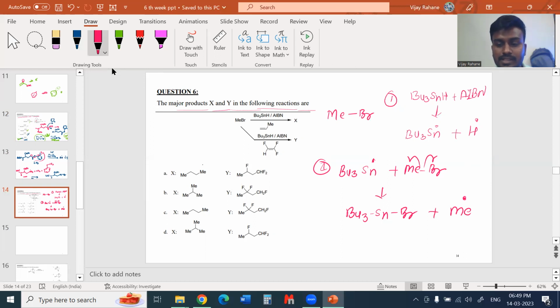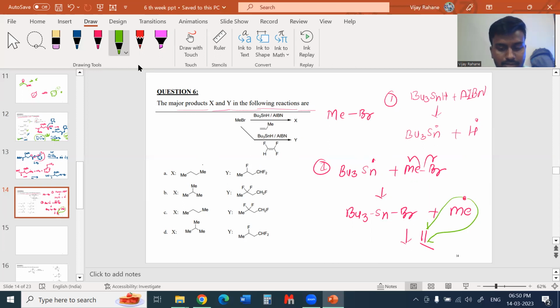And when such a step occurs twice, this methyl radical will be further converted, when it reacts with this one. So here if you see, this methyl radical can attack here or can attack here, right? So which is stable?